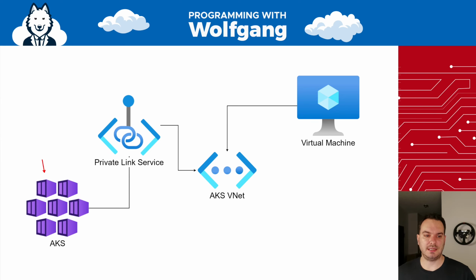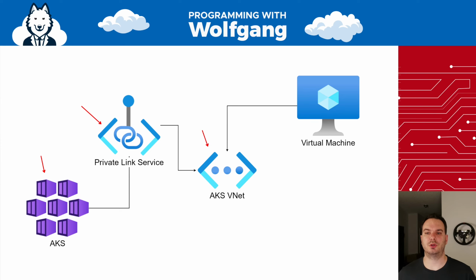So we have our AKS cluster and our service inside the cluster, obviously. Then we're going to create a private link service. And this private link service enables us to link our service to the VNet, in this case, the AKS VNet.